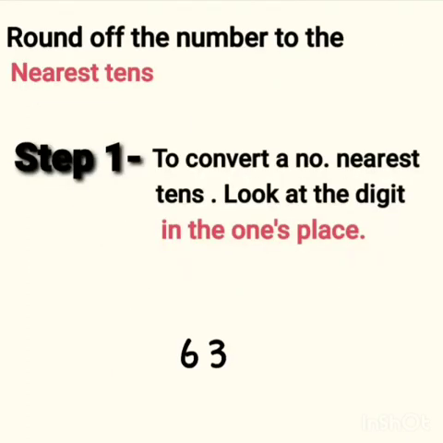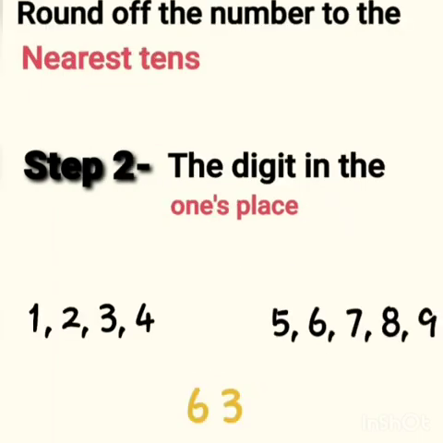So in order to convert a number to the nearest tens, step 1 is to look at the digit in the ones place. You got it? We have to look at the place of ones. Now the digit in ones place is 3. Once that digit is recorded, if the digit in ones place is 1, 2, 3, 4, then I need to round down the number.